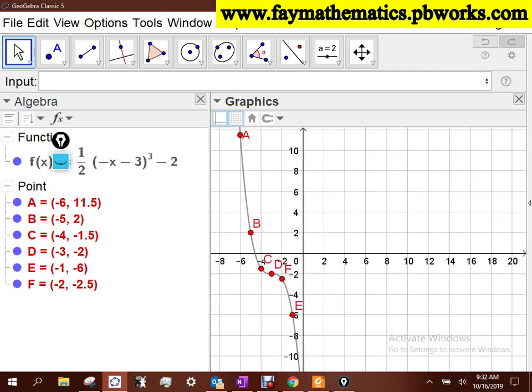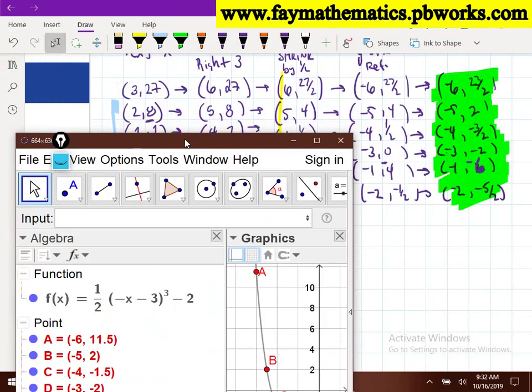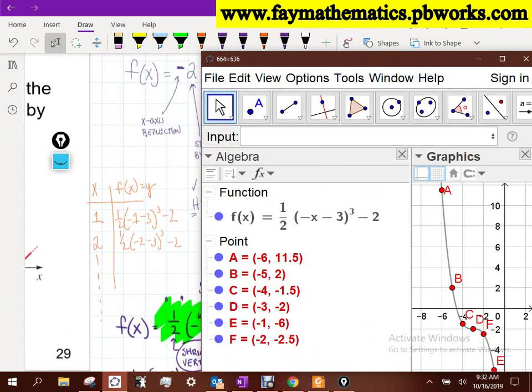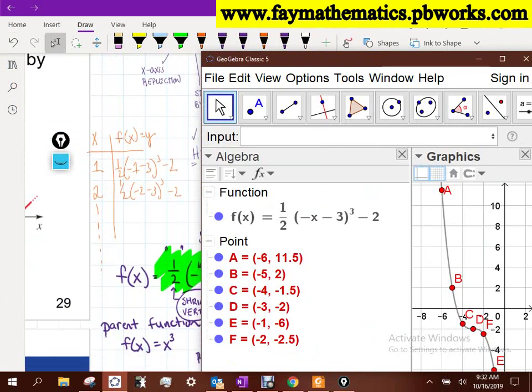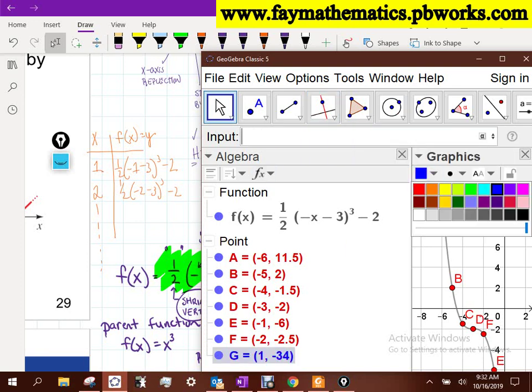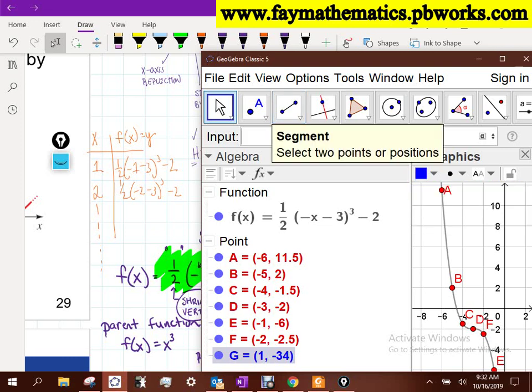Okay. So if I would have, guys, just created a T-chart, where I have 1. So I'm just going to try to see if this will do this the way I want it to. Let's just type in 1, comma, f of 1. That should produce, okay, it gives me 1, -34. So I'm going to change that point to blue. And now I'm going to type in 2, comma, f of 2.